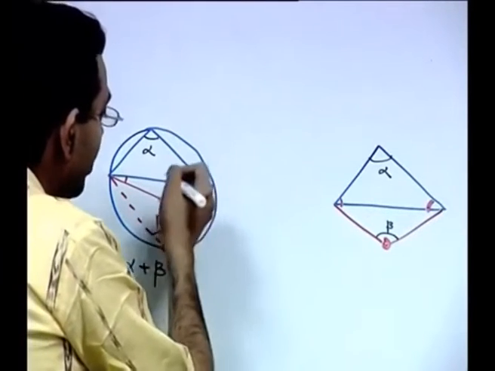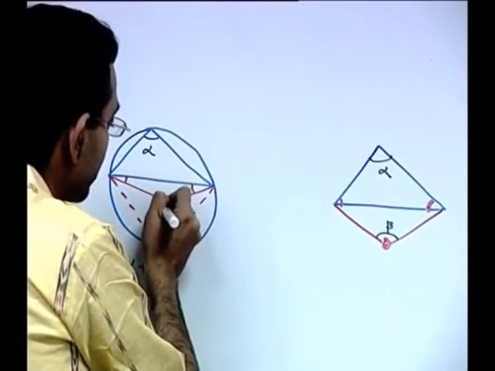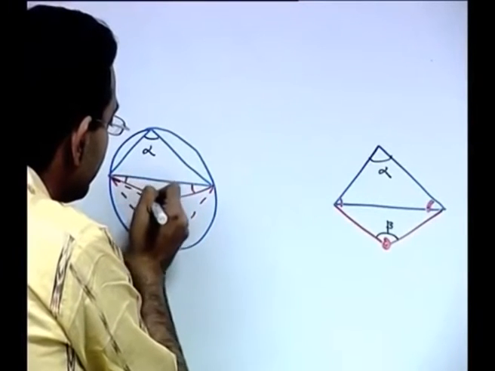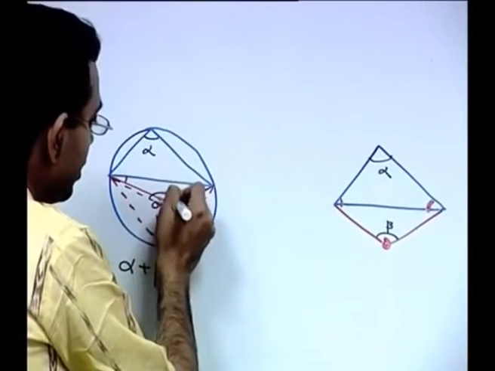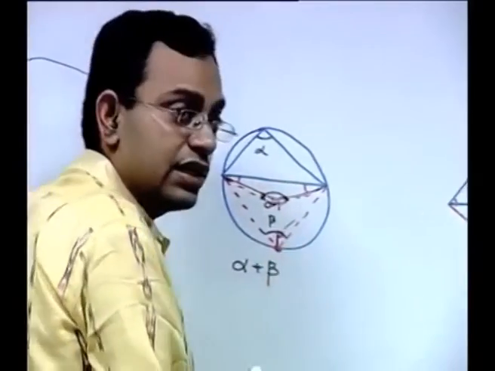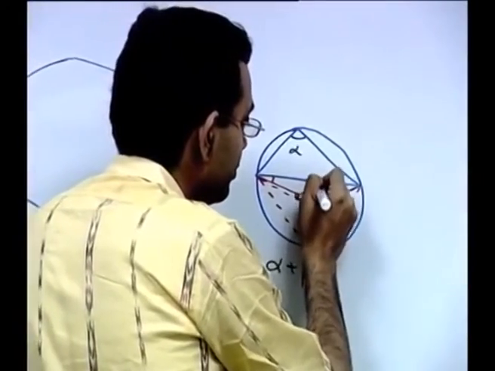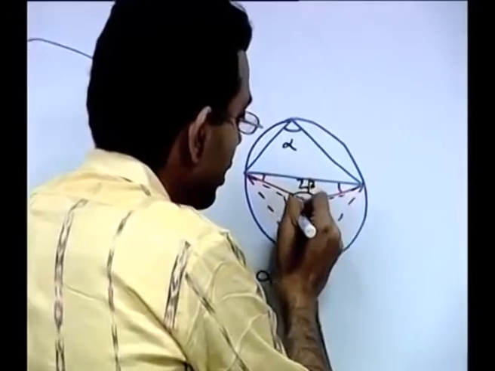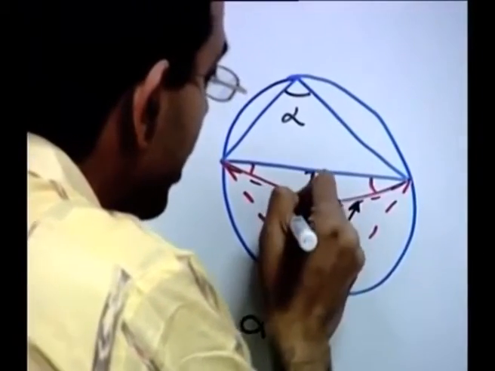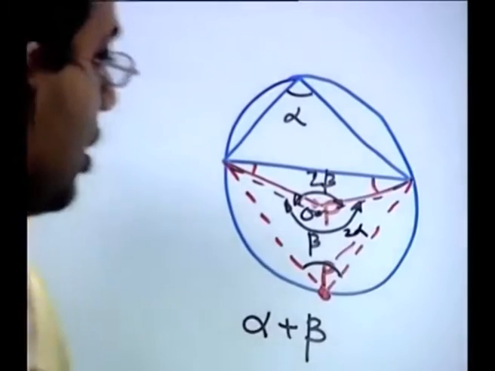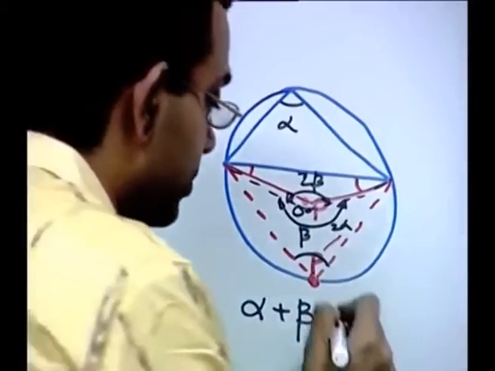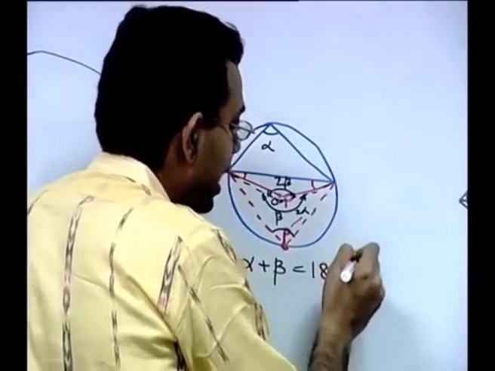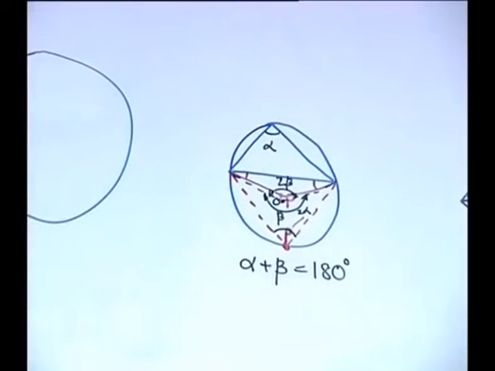We can quickly check it. If you consider this as the center of the circle, the angle at the center is twice the angle at the circumference. So this is 2 beta. Similarly, this angle is 2 alpha. So 2 beta plus 2 alpha is 360 degree. So alpha plus beta is 180 degree. Otherwise it is a cyclic quadrilateral, and from that also it follows.